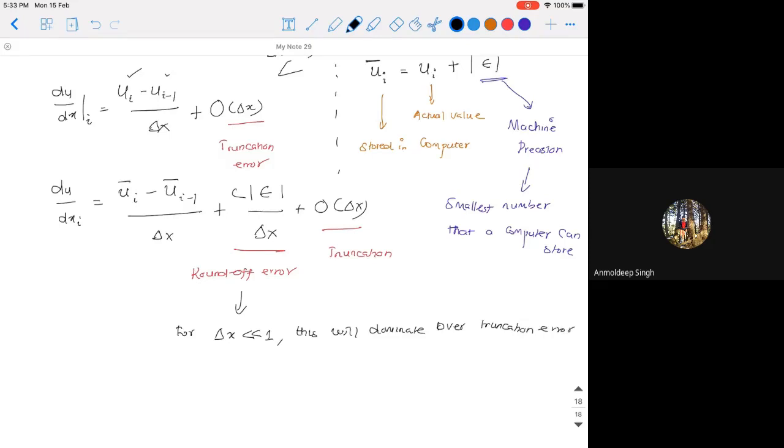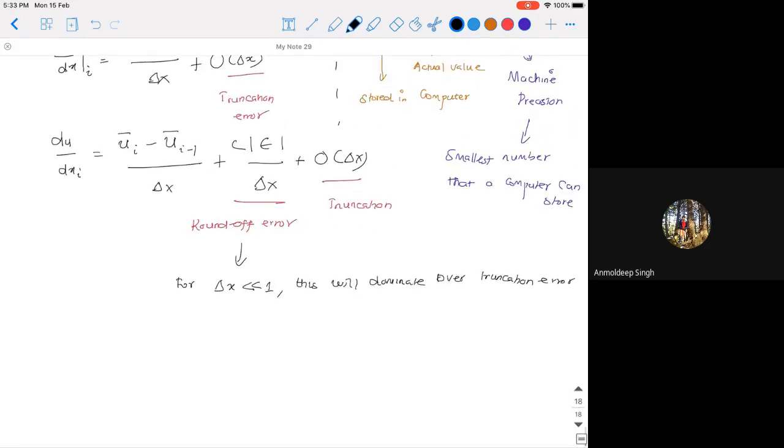So if you plot delta x versus the error, the truncation error goes like this.